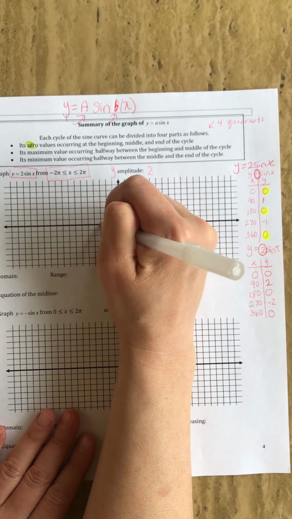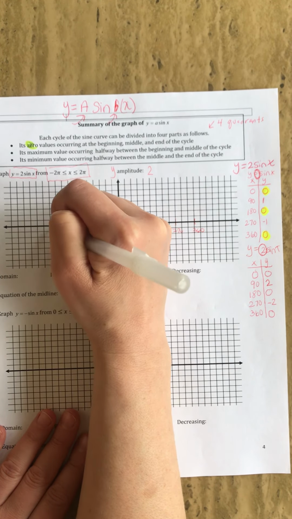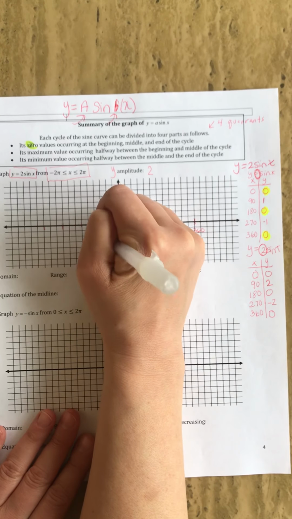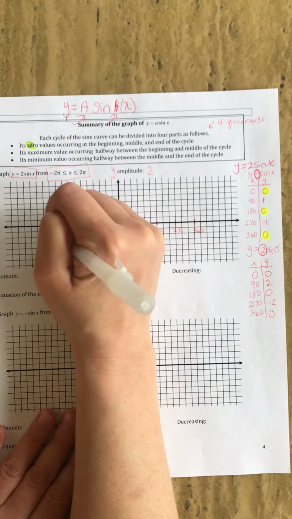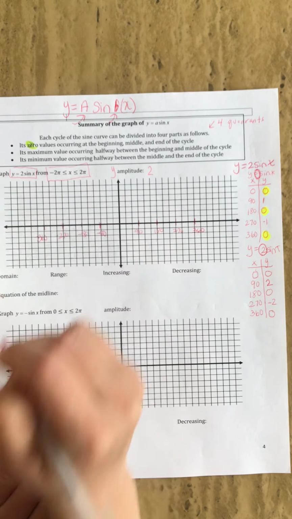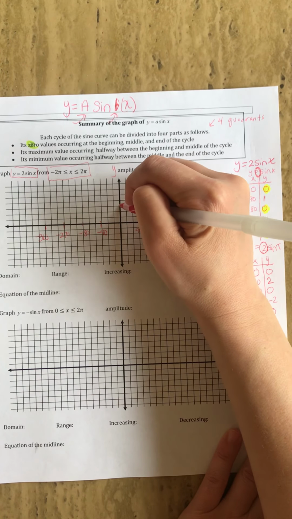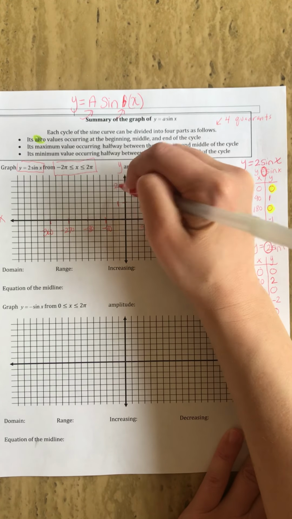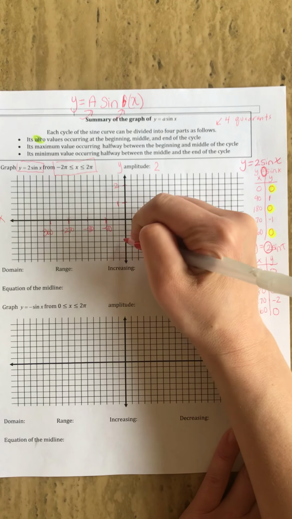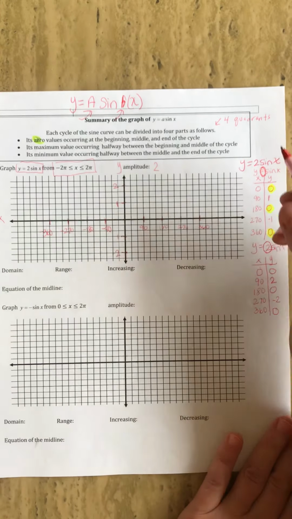Then we have -90, -180, -270, and -360. On the y-axis we're going to go 1, 2, 3: this is going to be 1, 2, +2, then -1, -2.